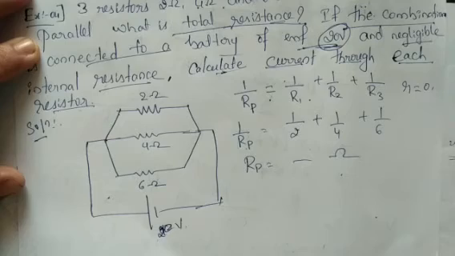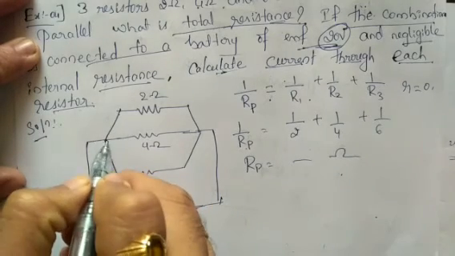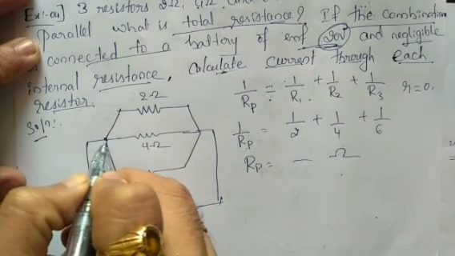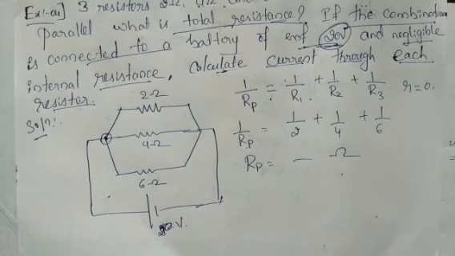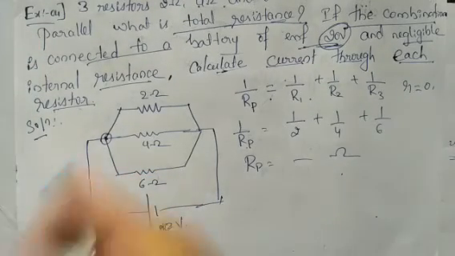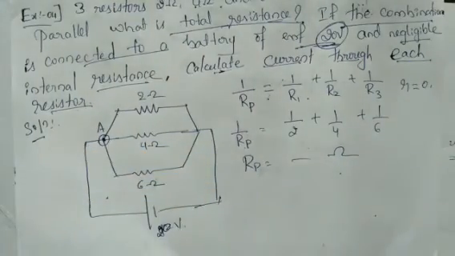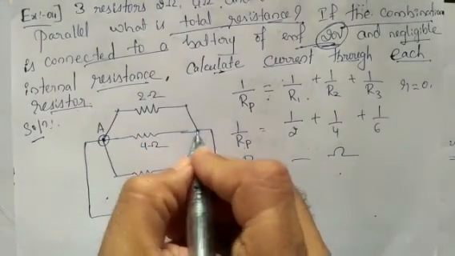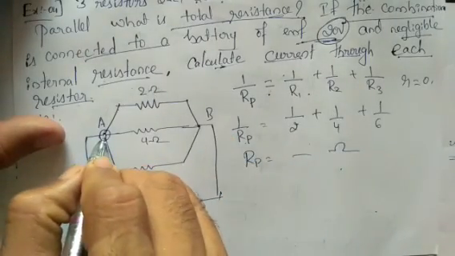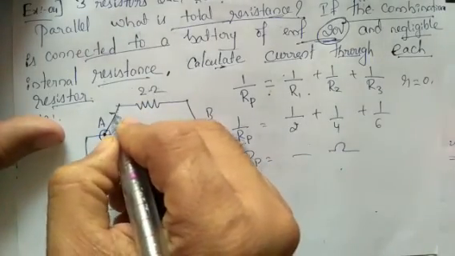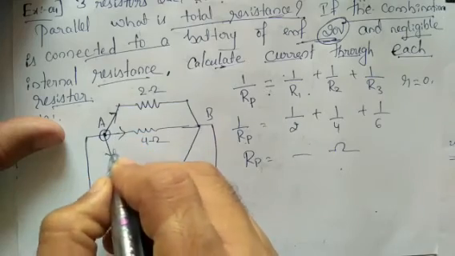We have to identify the current through each resistor. Let us assume this is point A and this is point B. Once the total charge comes into point A, the charges are divided into three parts.